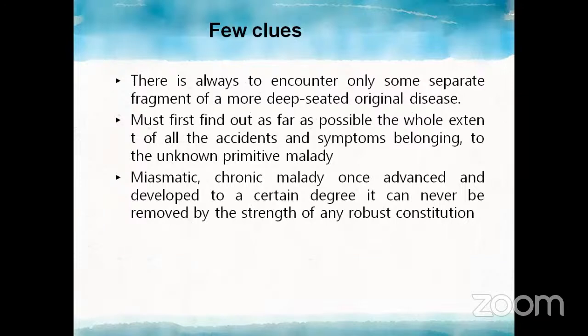So he got three clues. There was something deep-seated, and only a part of it has been seen by us. We have to dig far to find all the accidents and symptoms belonging to that unknown malady. And once these chronic maladies have developed to a certain degree, the robust constitution's vital force won't be able to pull it out from the patient.